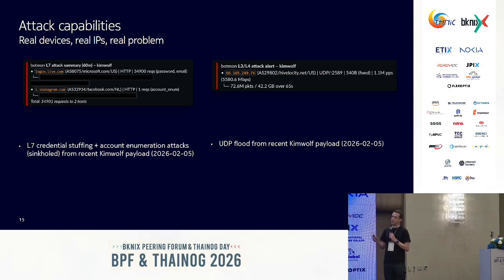And then on the right, this is the volumetric flood, which was also very typical. So it was an interesting business model in a way, because the botnet operator was operating both their own proxy service for criminals as well as a DDoS-for-hire service, offering them two different revenue streams.